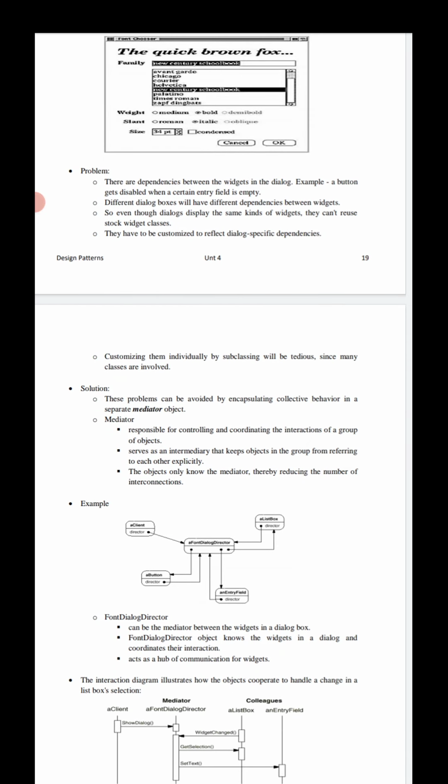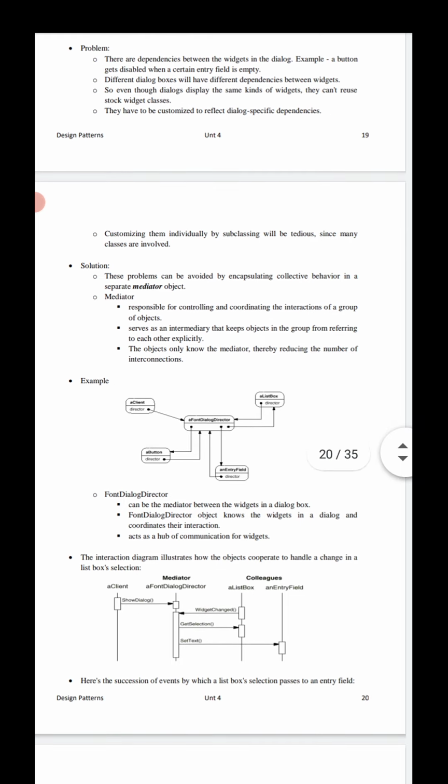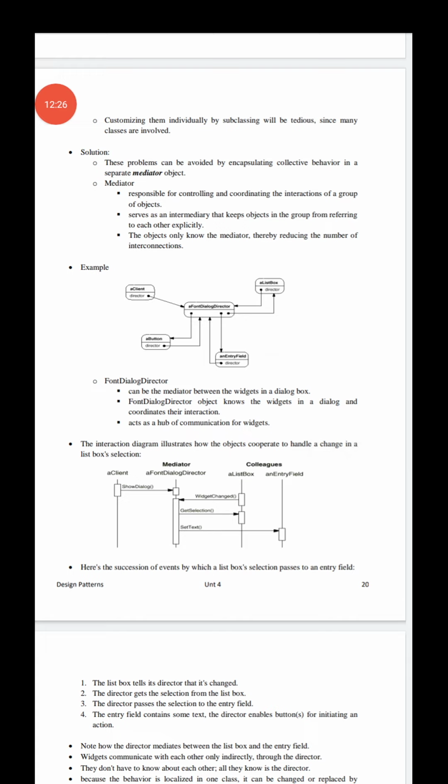For example, take a font dialog. Look at the diagram here. This is a font dialog director, which can be the mediator between the widgets in a dialog box. A font dialog director object knows the widgets in a dialog, and it coordinates their interaction. It acts as a hub of communication for those widgets.